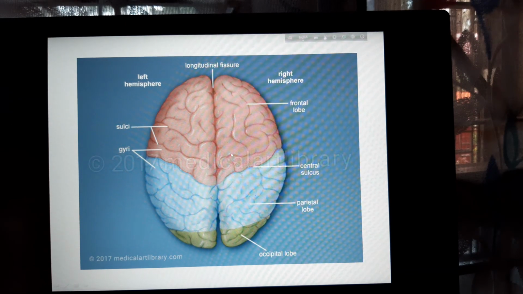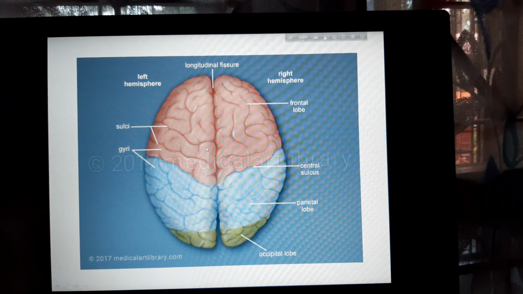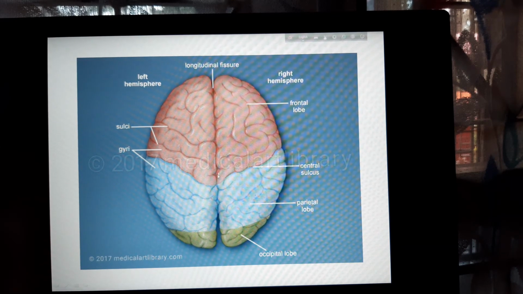The 2 halves are externally separated from each other by a longitudinal fissure.